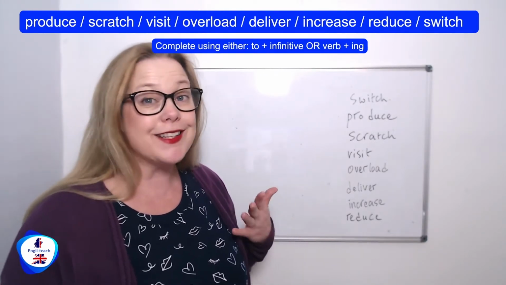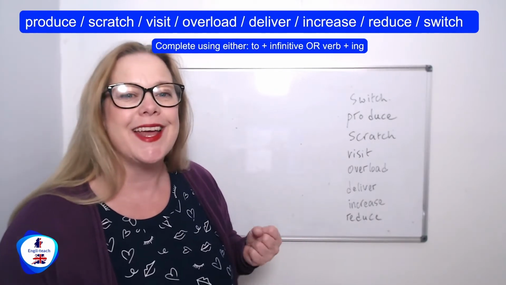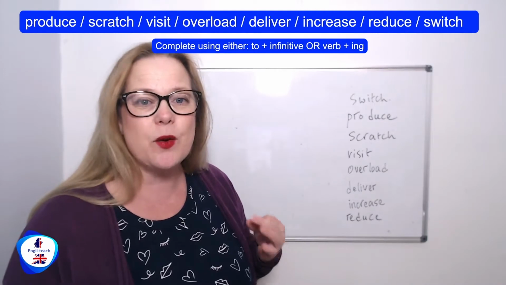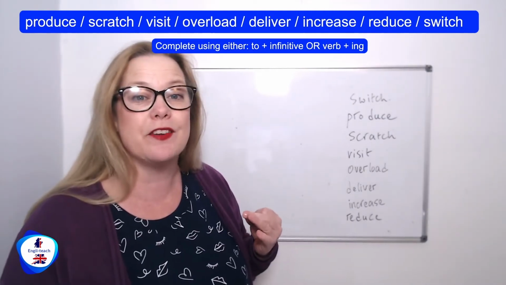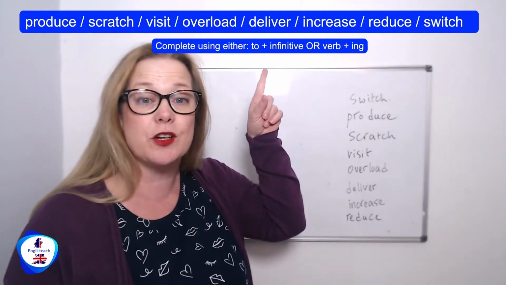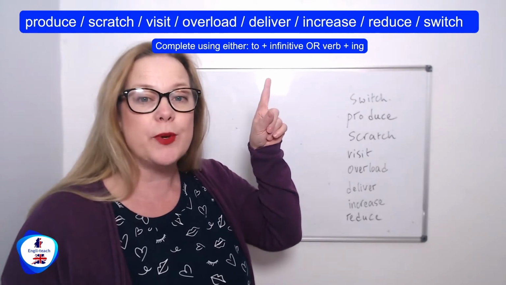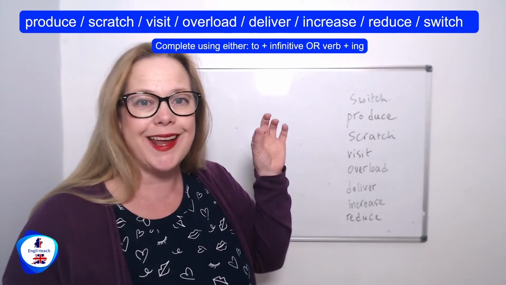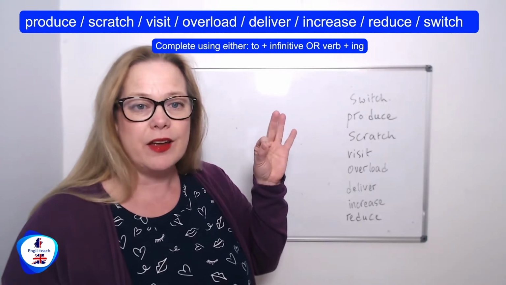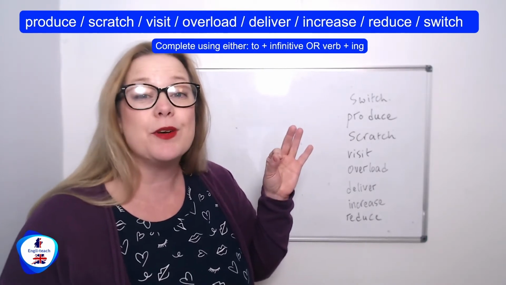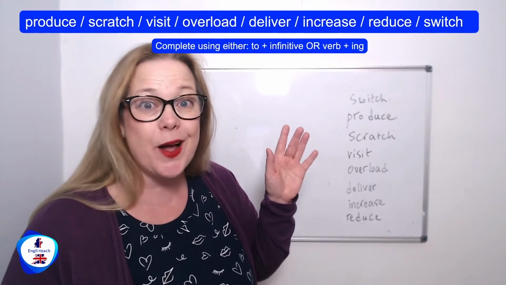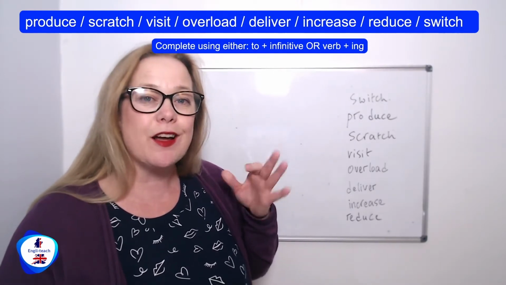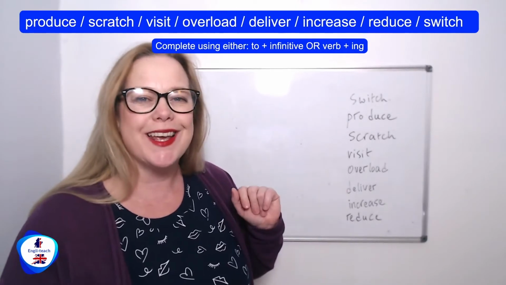Now, your task, if you like, is to decide whether we use these with to plus the infinitive, which is up here just along the top, or do we use it as a verb and add the gerund -ing onto the end. So I'm now going to put one sentence up at a time, and you can decide with me which one it should be.